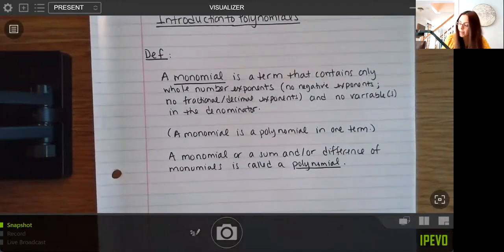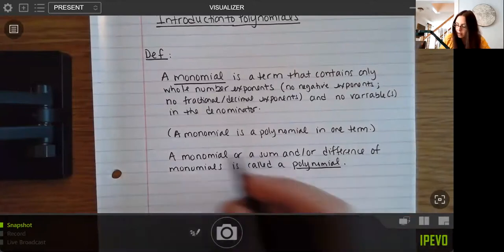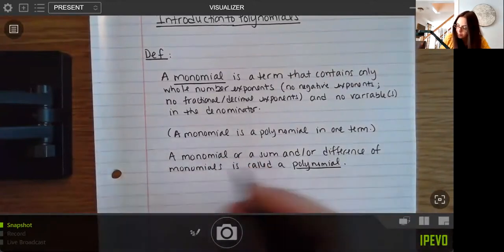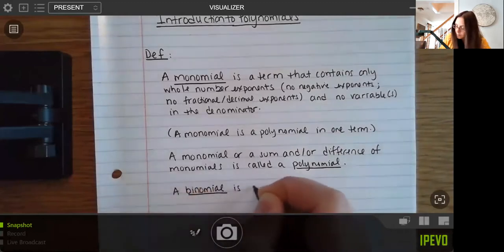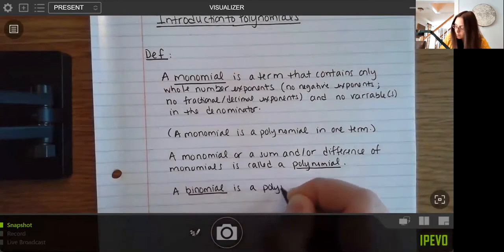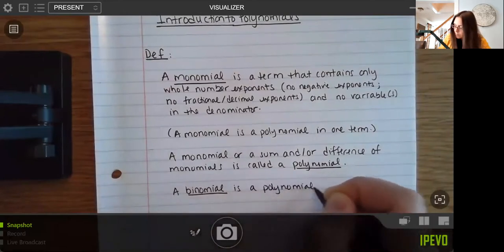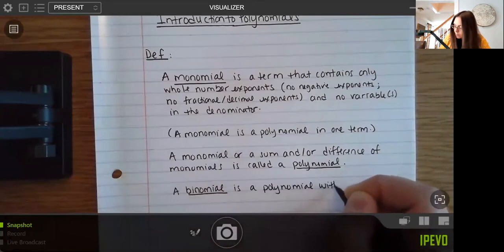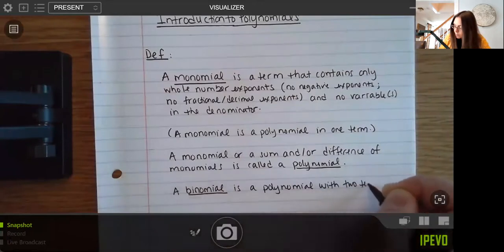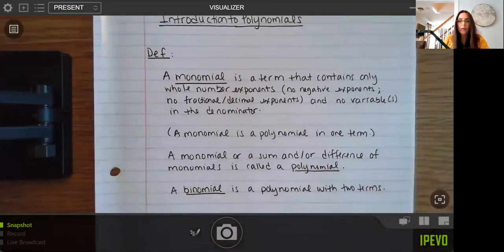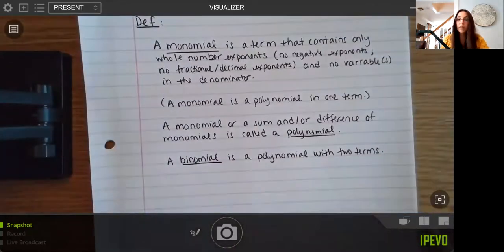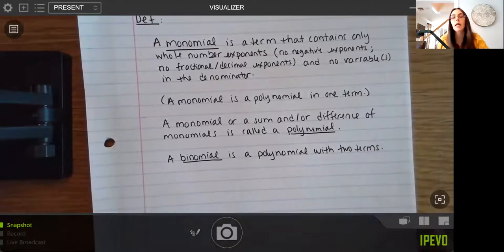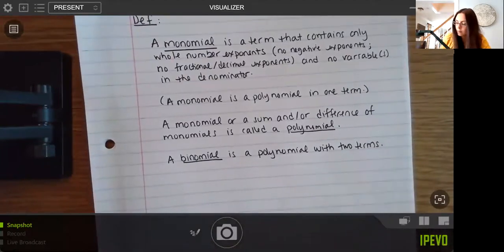We also have binomials and trinomials that we define. So a binomial is a polynomial with two terms. Bi means two. If you think about a bicycle, it has two wheels.